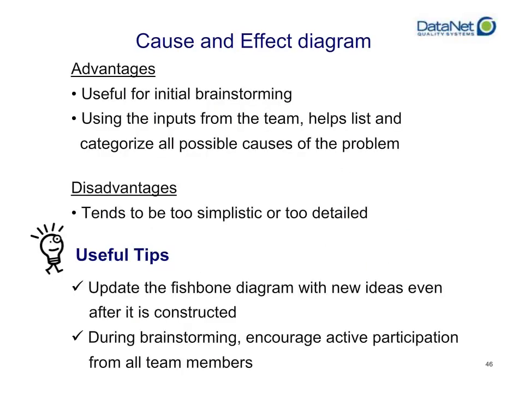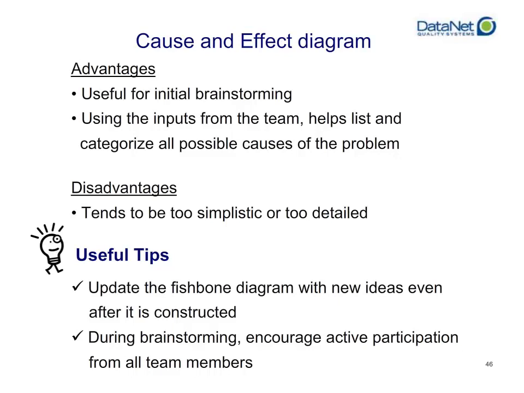So for a cause and effect diagram, what are some of the advantages and disadvantages? Well, advantages include it's useful for initial brainstorming when you're first trying to figure out what could be going on, because everyone thinks they might know what is happening, but without having a good brainstorming session and bouncing some ideas off people in your brainstorming team, you don't necessarily have all the facts.